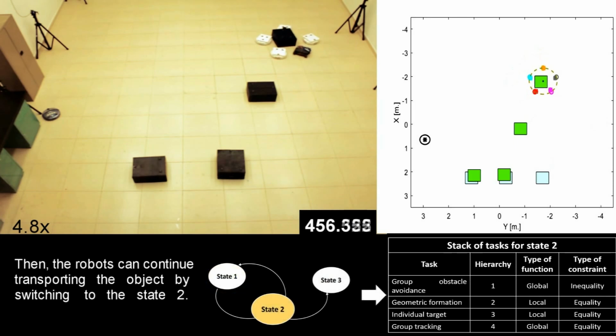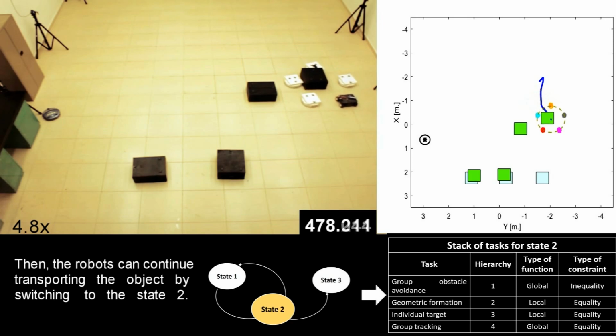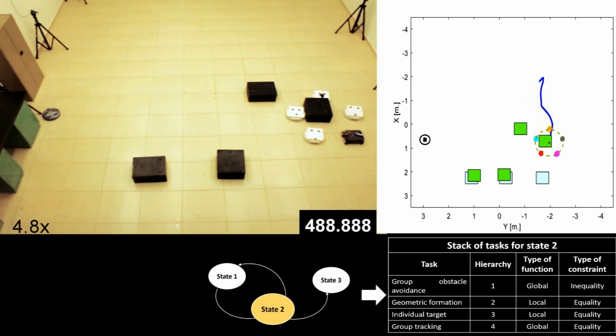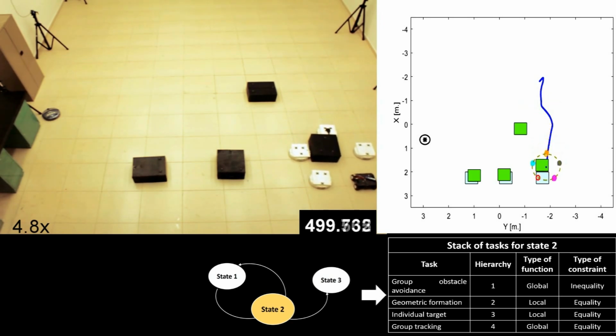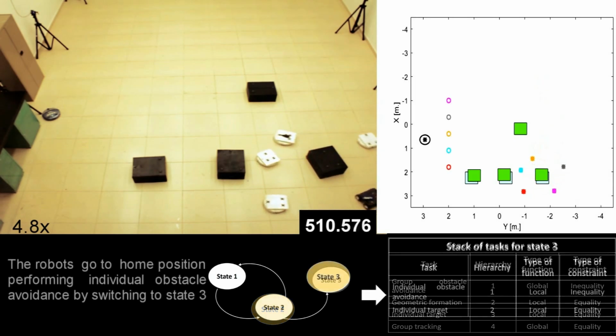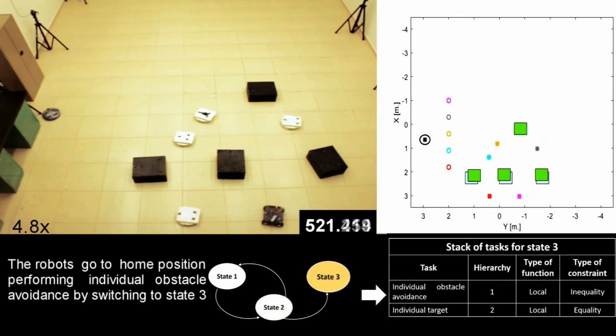Then, they can continue transporting the object by switching to state 2. Finally, the robots go to the home position by switching to state 3.